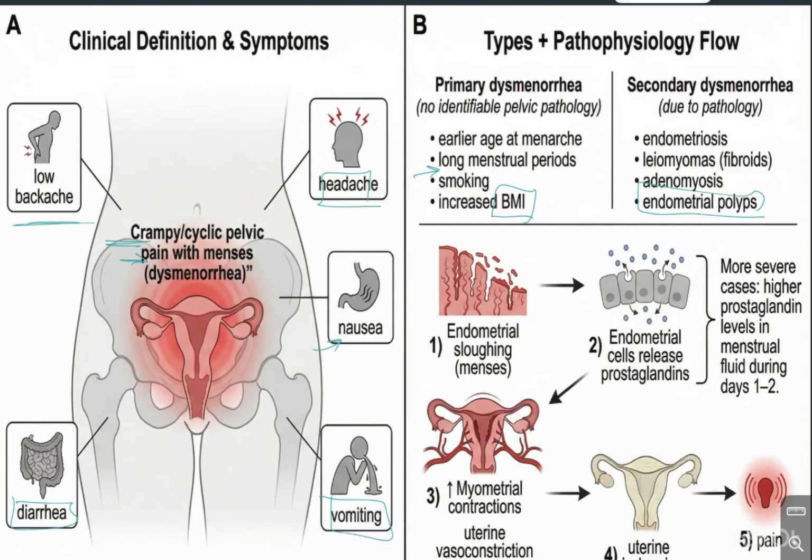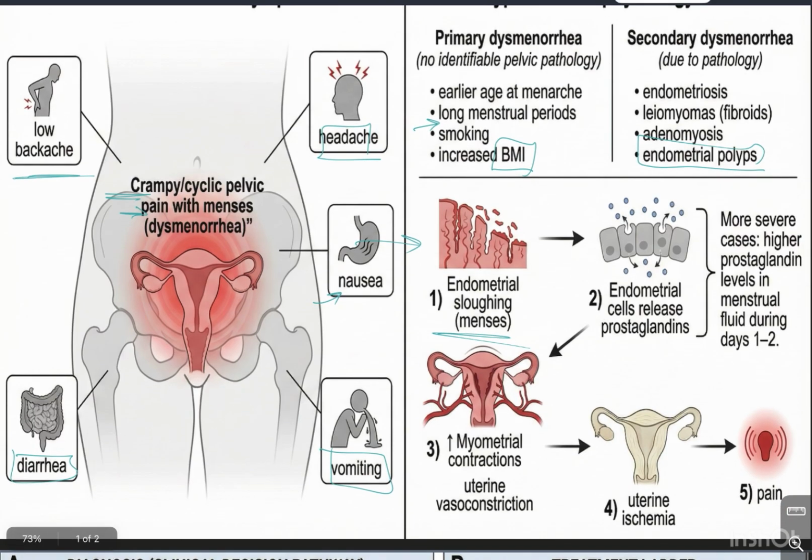What causes dysmenorrhea, if there is no identifiable pelvic pathology? We will explain it now. Let's focus here, please. This is the endometrium, and when the cycle comes, there will be endometrial sloughing, so the wall will start sloughing.